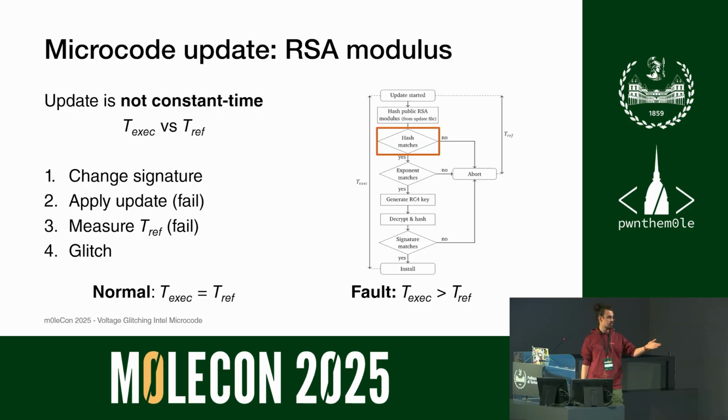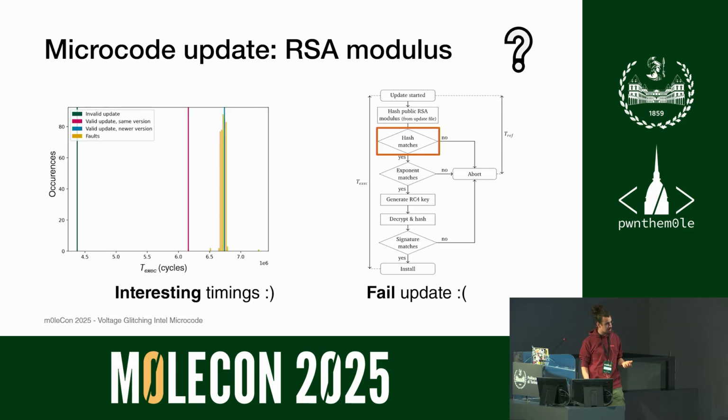Normally, you expect the execution time to always match tref within a certain boundary. And of course, if we manage to inject the glitch and get the update to continue longer, we want to see the execution time be longer than the reference. Okay? And yeah, actually, it's possible to do that.